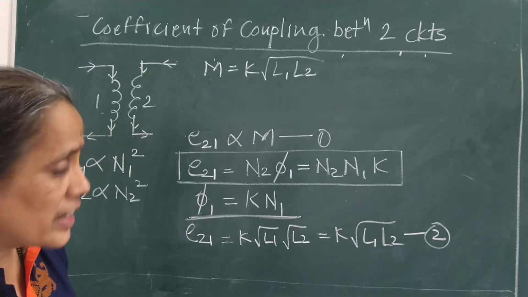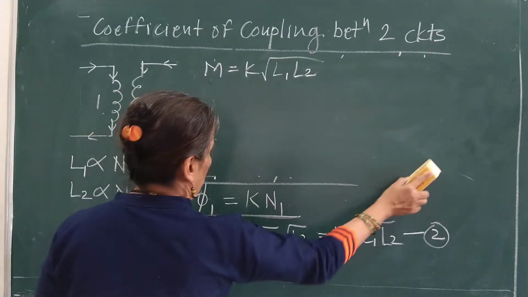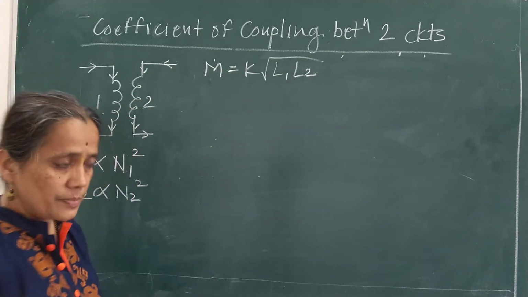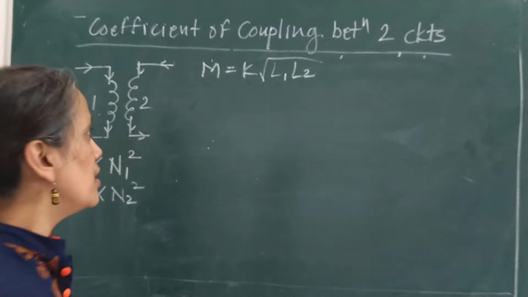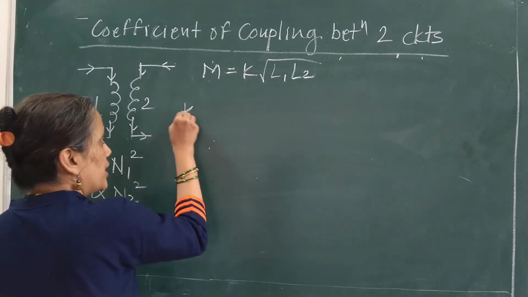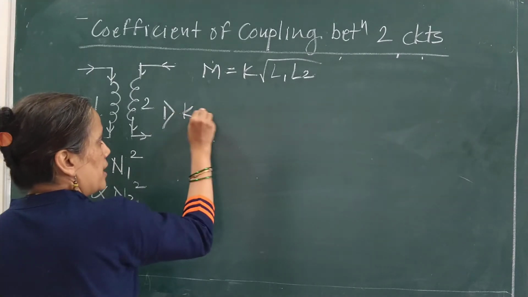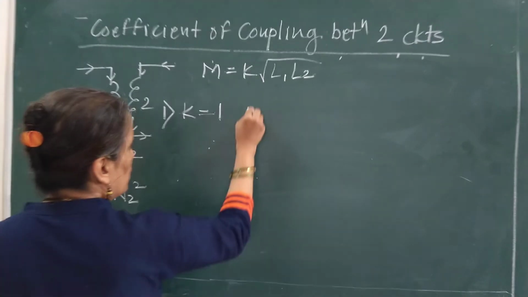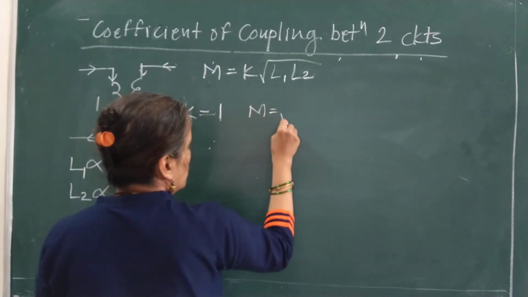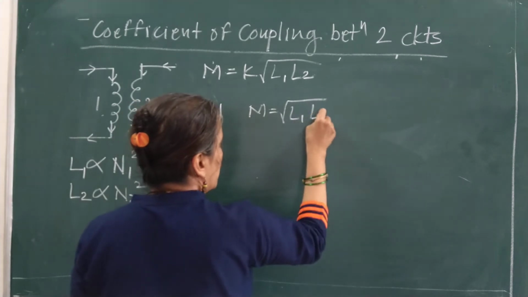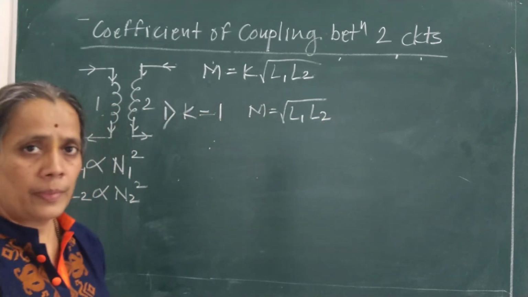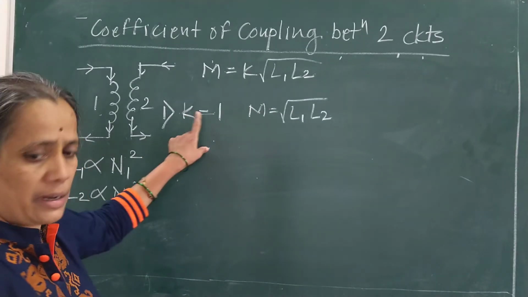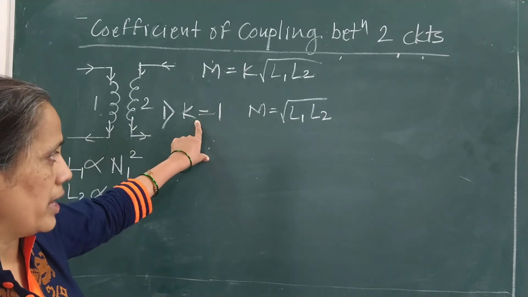Now there are different cases for this K value. Case number 1: if K is equal to 1, your M is equal to the square root of L1 L2.